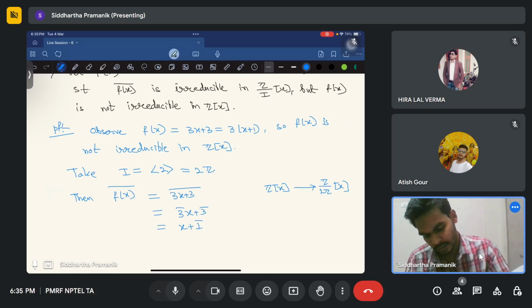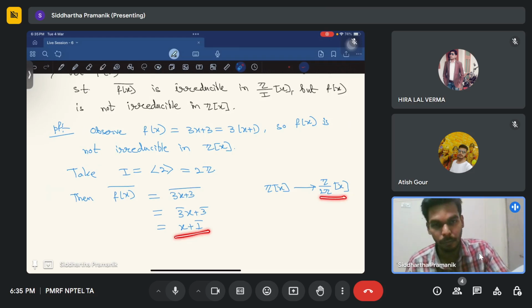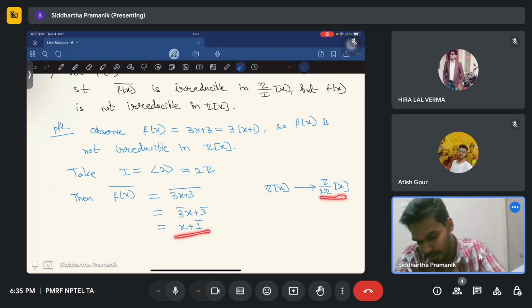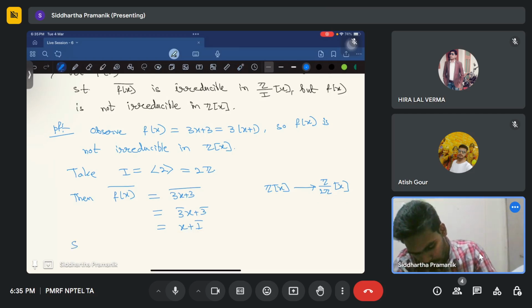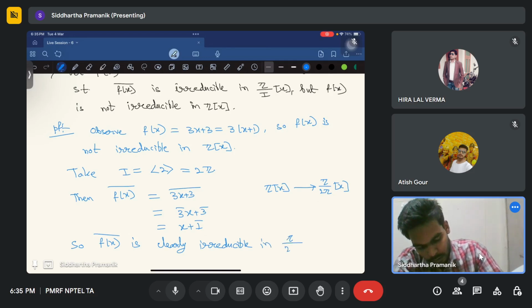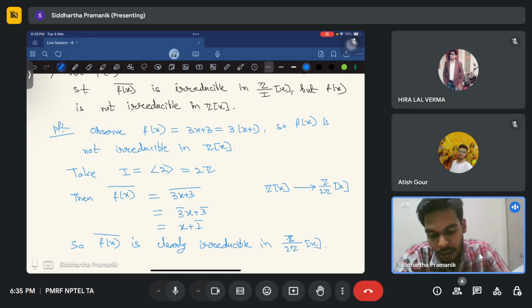And this is a degree 1 polynomial in this ring (Z mod 2Z)[x]. This is a PID, right? So f(x) bar is clearly irreducible in (Z mod 2Z)[x], but it is not irreducible in the original ring, f(x).